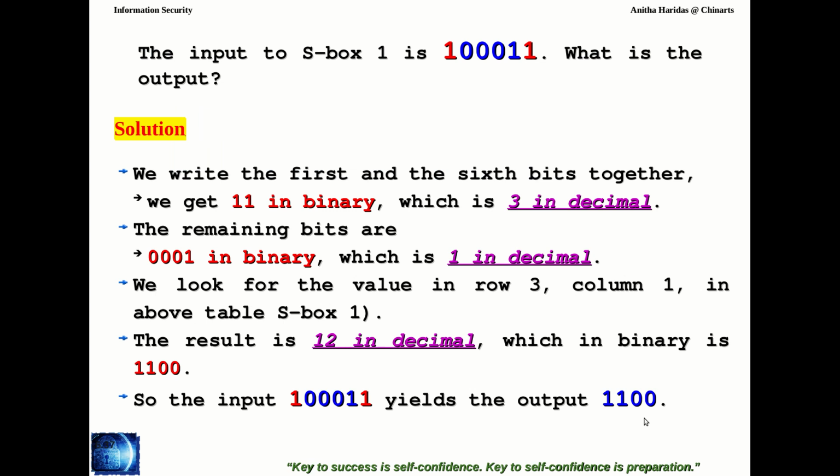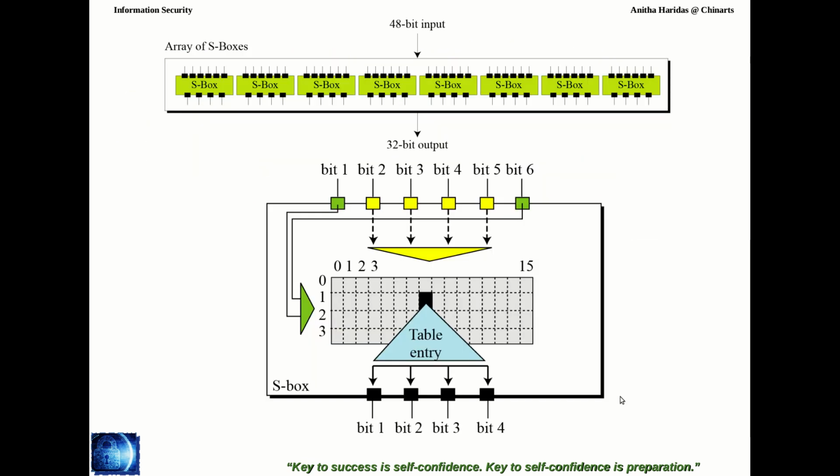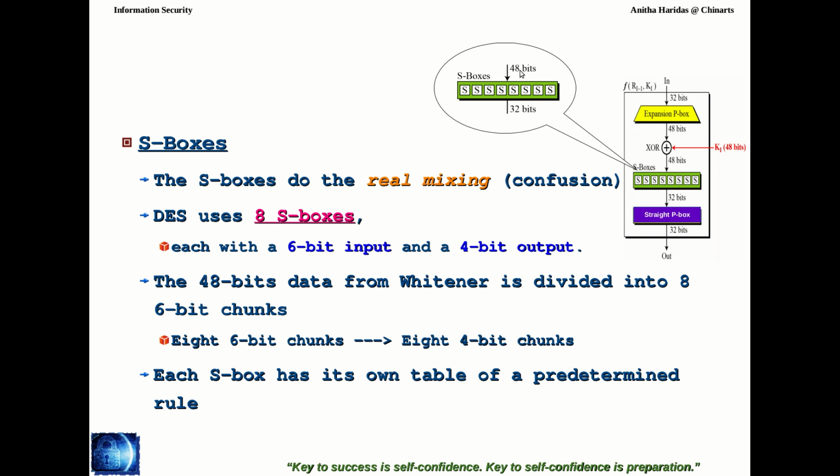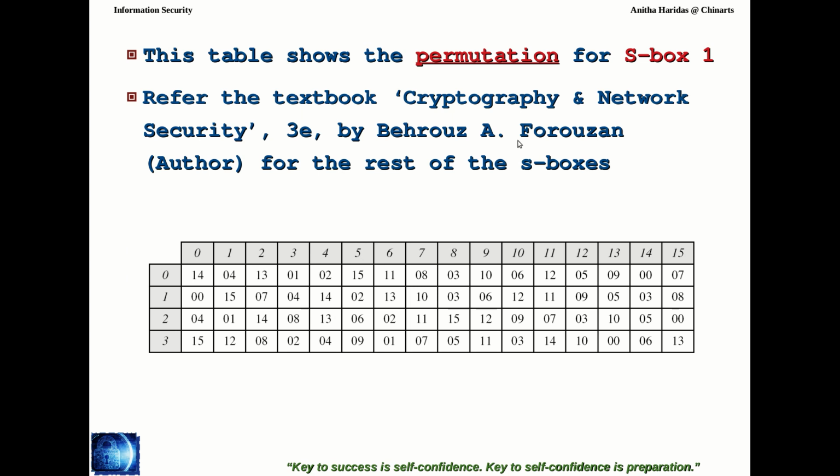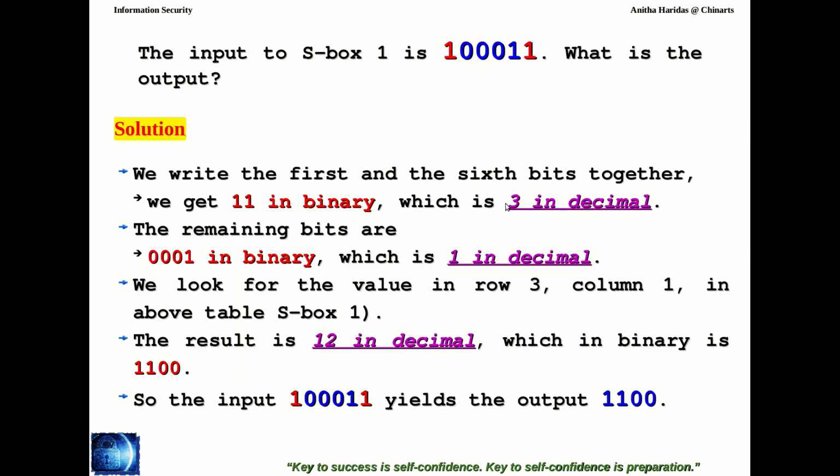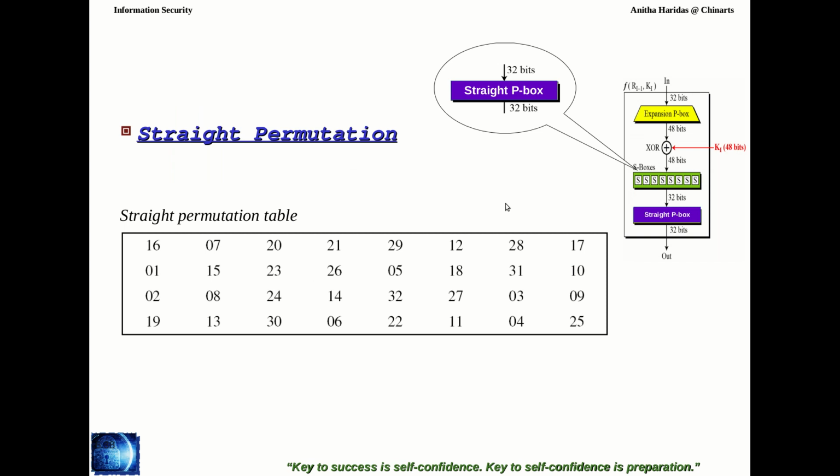That is why we say the S-boxes are used to do the real mixing, and here the 6-bit chunk produces a 4-bit chunk. Therefore, if 8 6-bit chunks are converted into 8 4-bit chunks, we get 32 bits as the output. So the input here is 48 bits and the output will be 32 bits. This is how the S-boxes help in doing the confusion.